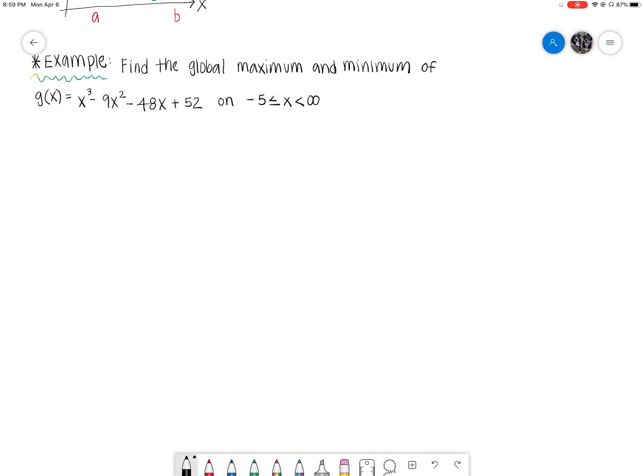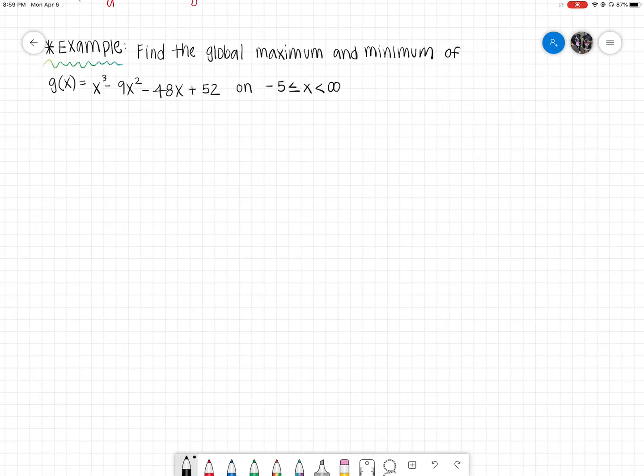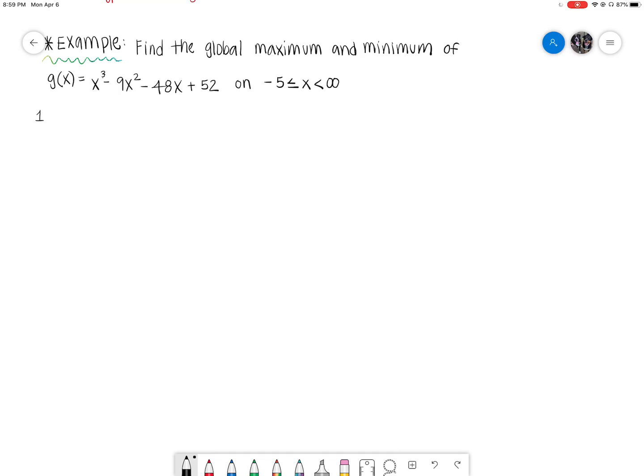All right, welcome back. Let's see how you did. First step, find the critical points. And what is the first step in finding critical points? That is right, finding a derivative. So the derivative is 3x squared minus 18x minus 48.